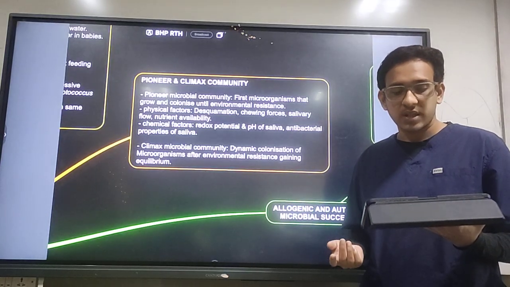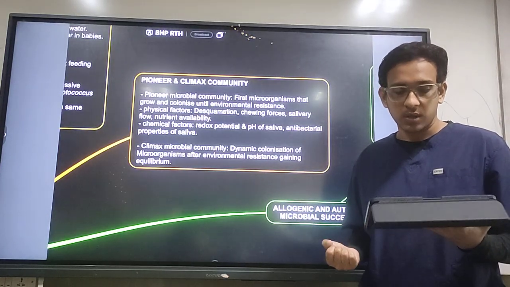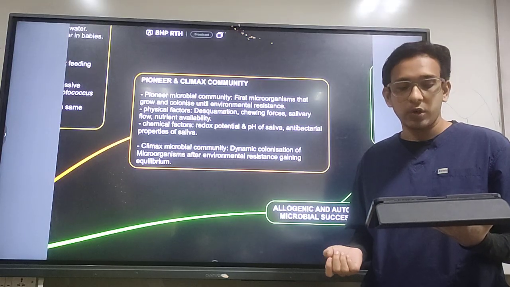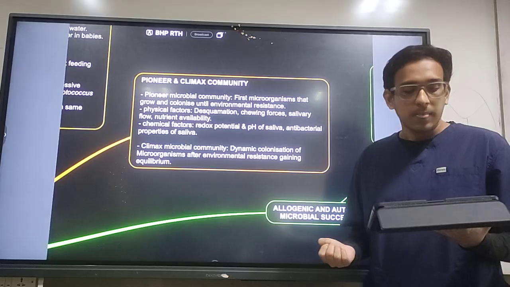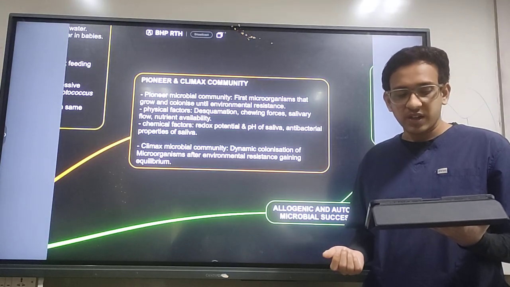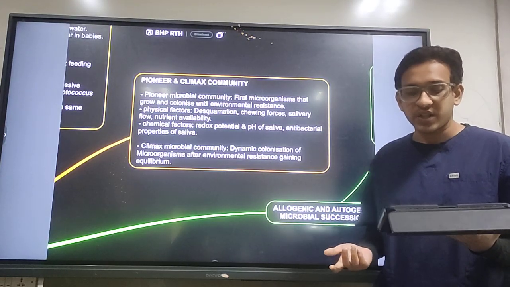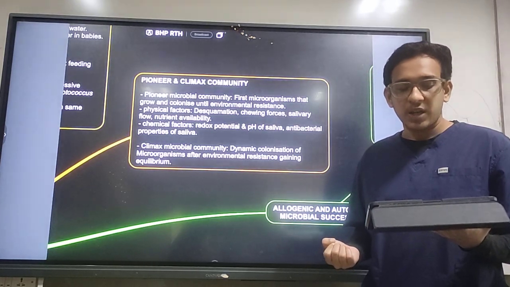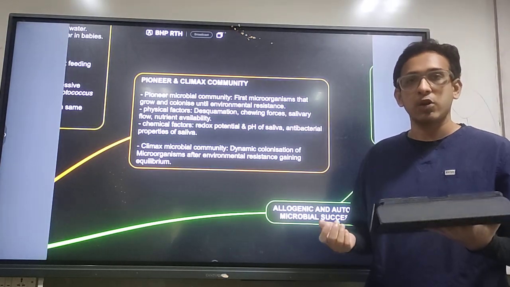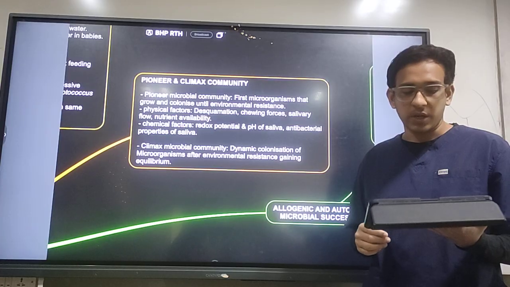Physical factors such as desquamation, chewing forces, salivary flow, and nutrient availability can affect the pioneer community. Chemical factors such as redox potential and pH of saliva, antibacterial properties of saliva, etc. can also affect the pioneer community.